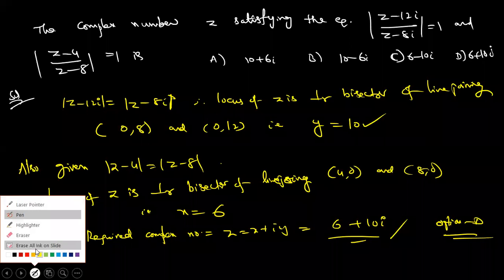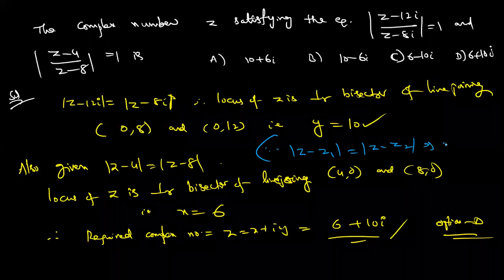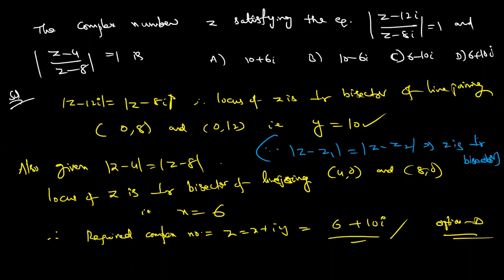Only the formula, dear students. I'm writing it for you once again. See, modulus of z minus z1 is equal to modulus of z minus z2. What is the case? Z is on the perpendicular bisector. So please revise the notes once again. Dear students, suppose k is there.